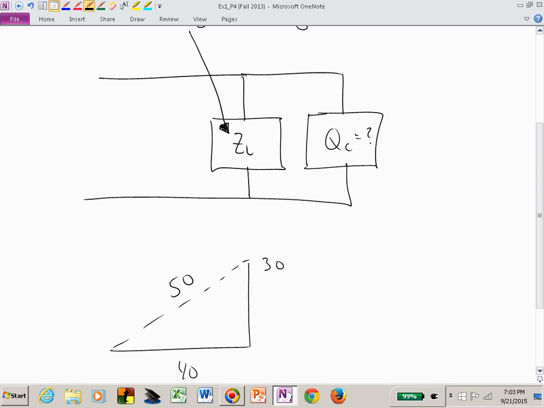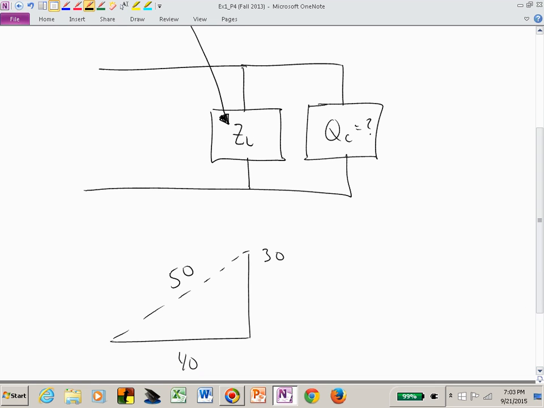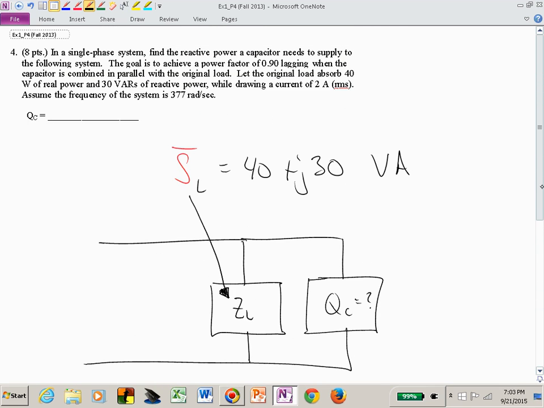But we want to find what's the angle that we want the entire combination of these to be. The total load, so S load total is going to be S load plus JQ sub C. That capacitor is not going to give us any real power.